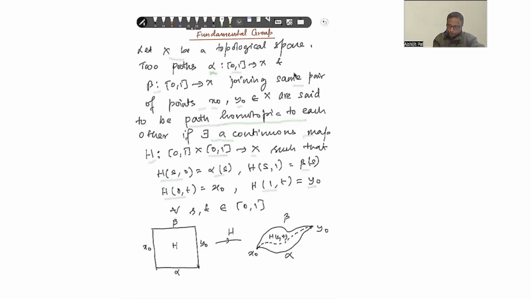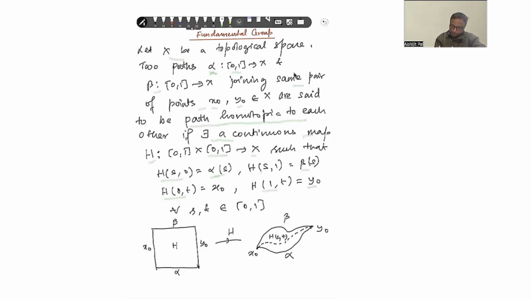At time t equals 0, H(s,0) is the path alpha, and at time t equals 1, H(s,1) is equal to beta(s), that is the path beta. And for each time t, the homotopy is fixed at the ends: H(0,t) is equal to x0, and at the other end, H(1,t) is equal to y0.